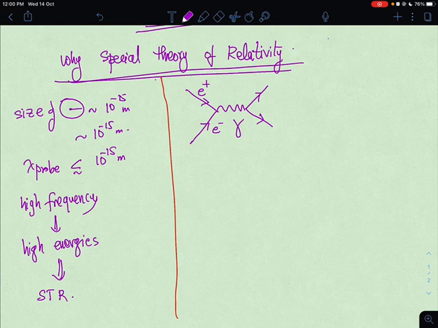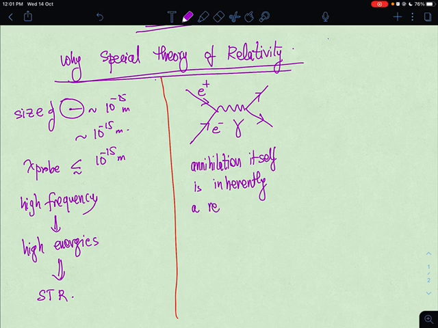This annihilation itself is inherently a relativistic process. So suppose you are producing quarks, leptons, whatever it is, the mass of these particles will determine the energy required for the incoming electron and positron.